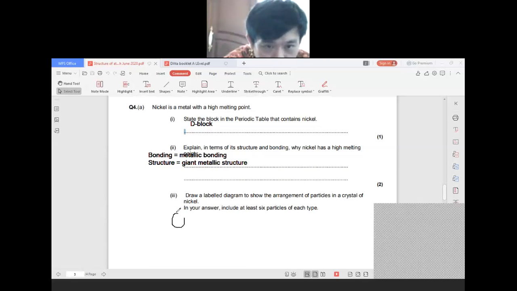Here we draw 6 circles. These circles represent positive ions.